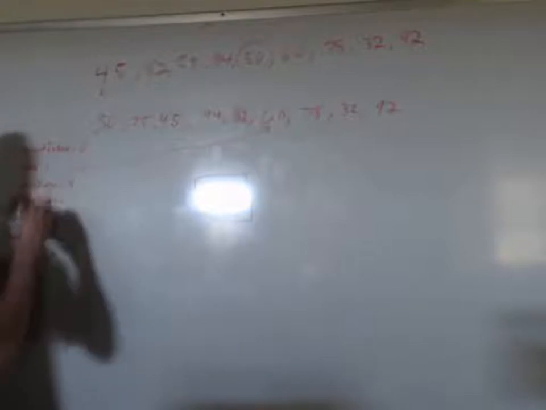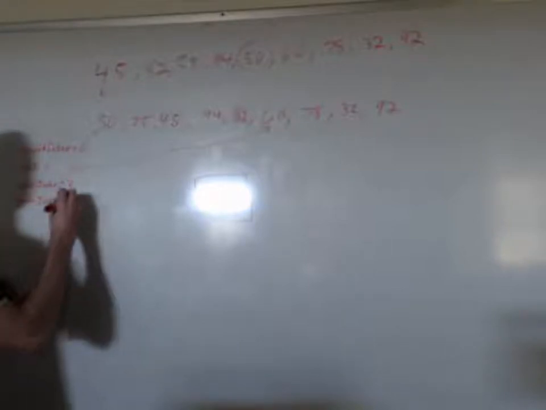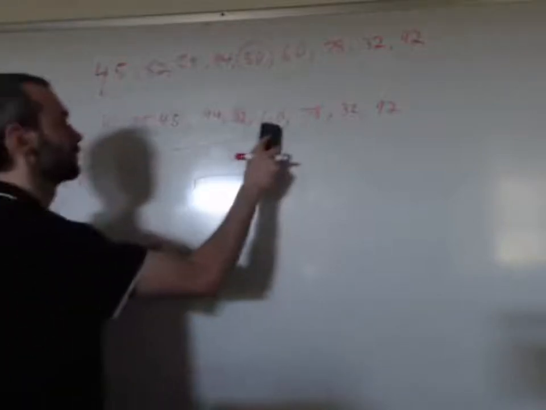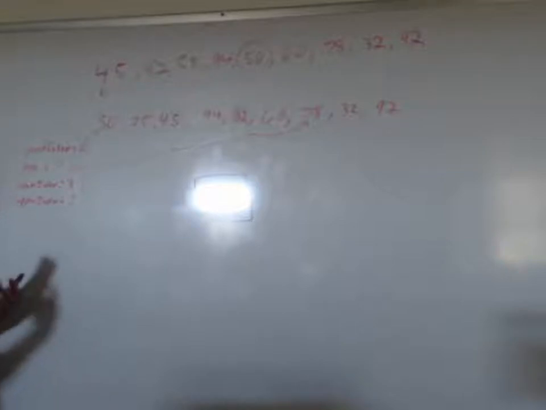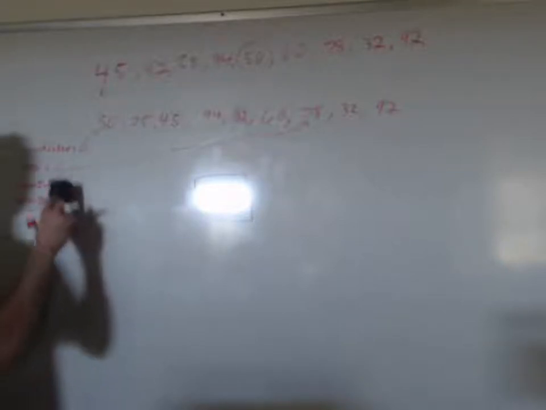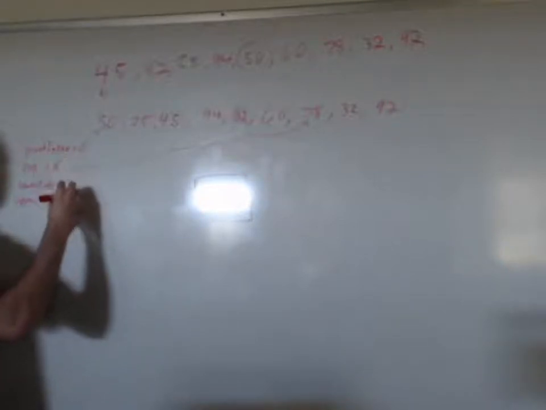Is 60 greater than or less than 50? So what do we need to do? Yeah, that's what we got to do. 78 greater than or less than? Greater than. So we increment the upper.